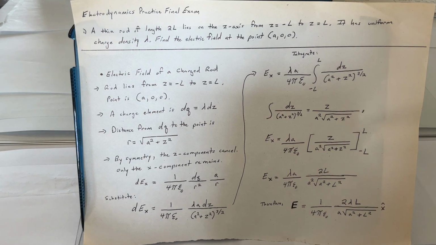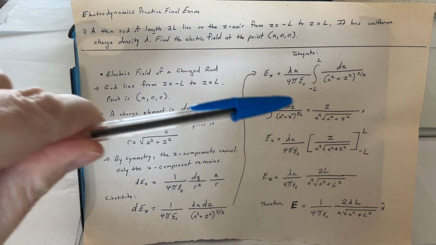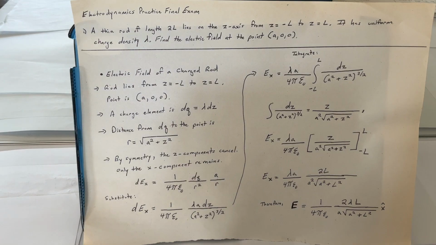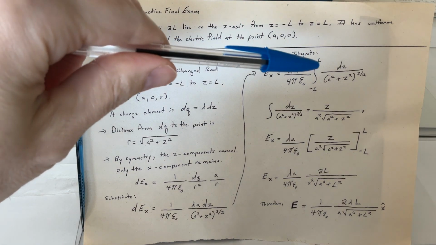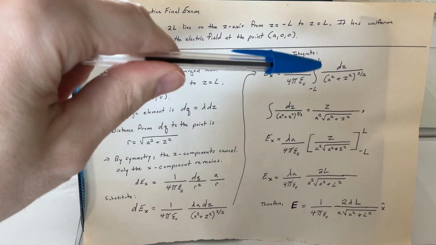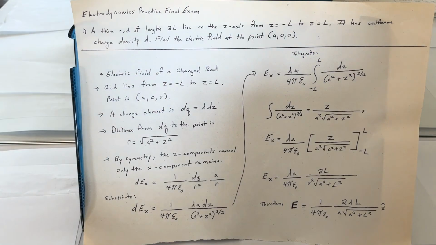So what we're going to do now is integrate. We say that E sub x equals lambda a over 4 pi epsilon naught, integrated from negative L to L as the limits of integration. So there's our interval from negative L to L. So we're integrating dz over a squared plus z squared to the 3/2.